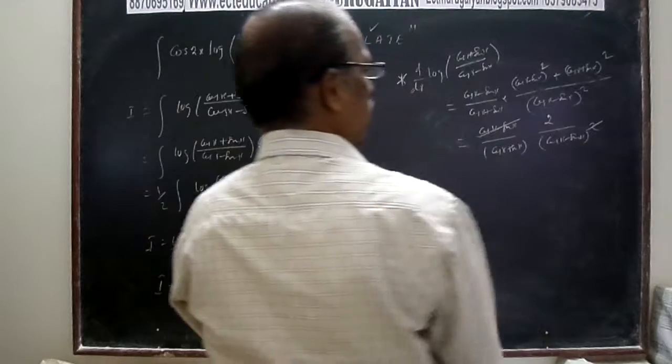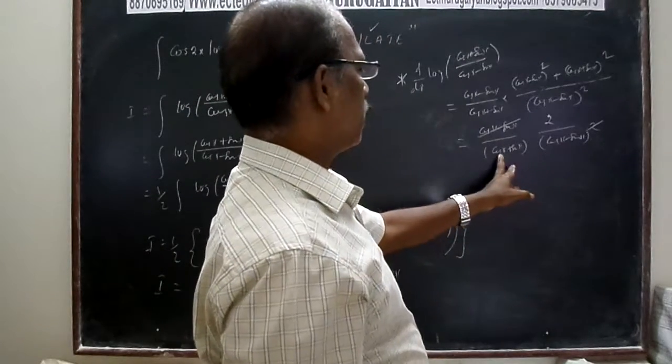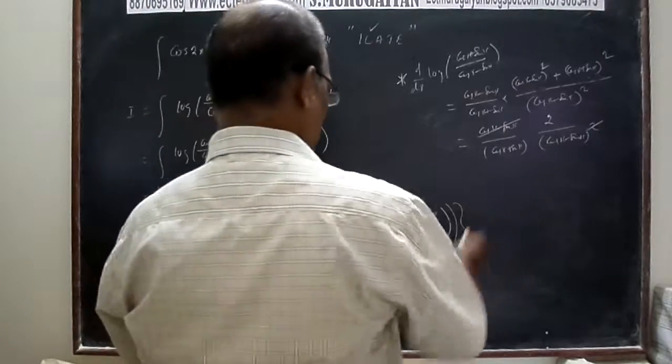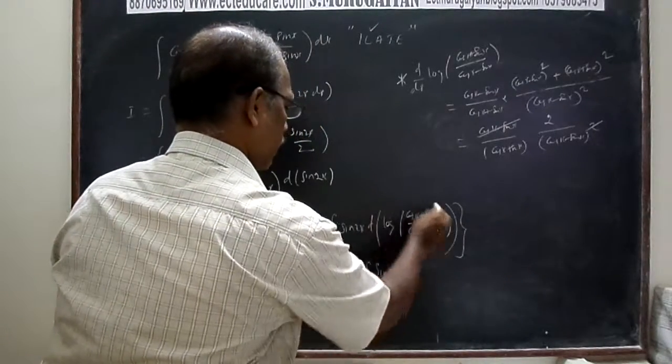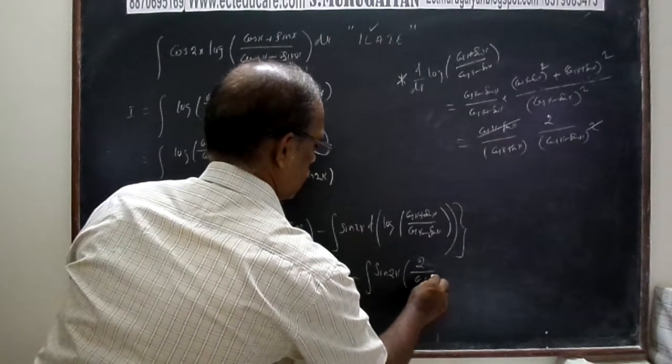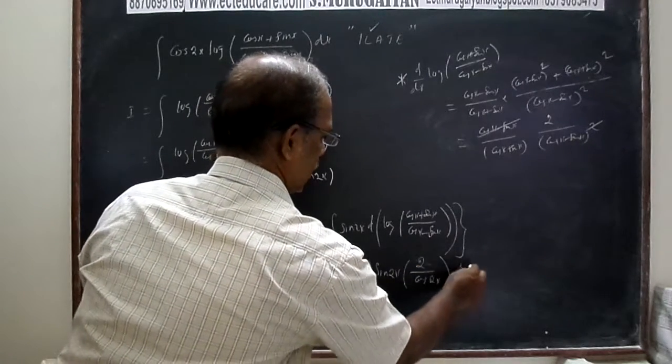After simplification, the 2 cancels, then the denominator is cos square x minus sin square x, which is cos 2x. So the derivative of the whole thing is 2 by cos 2x dx.